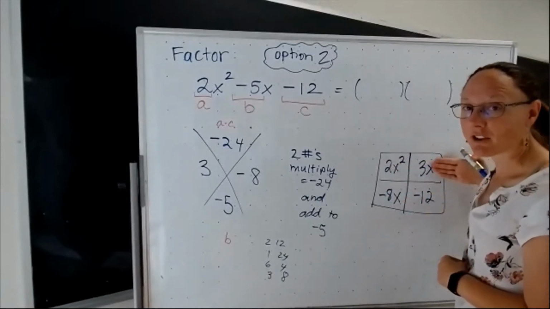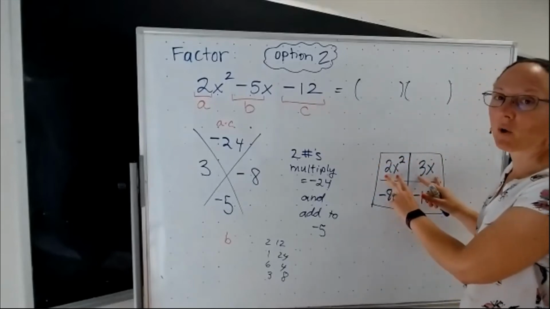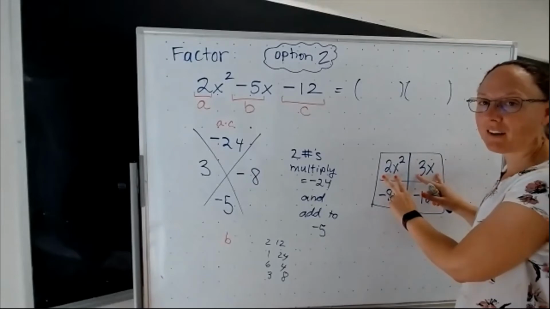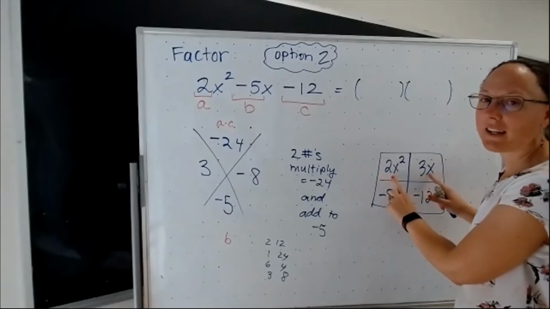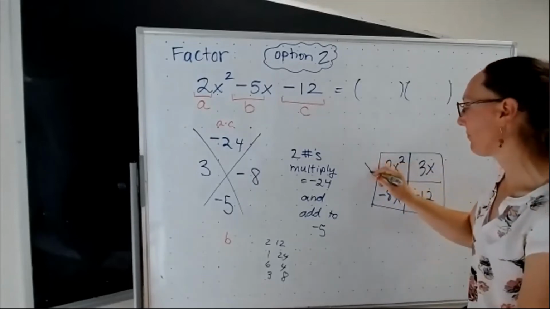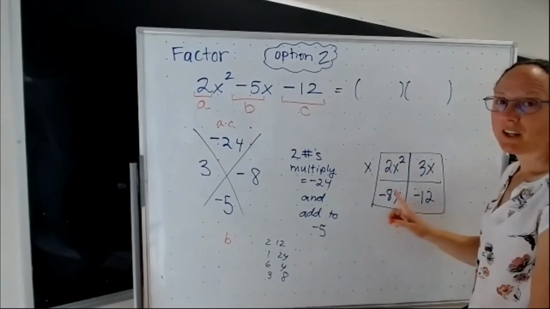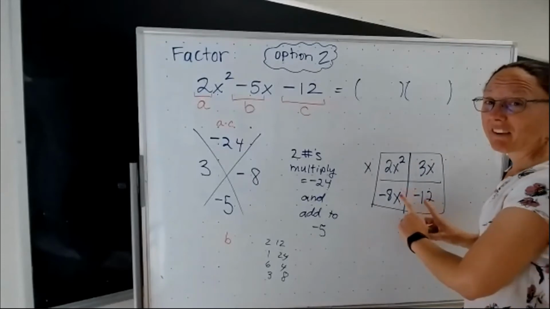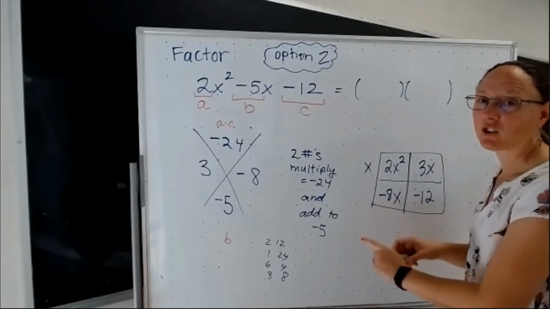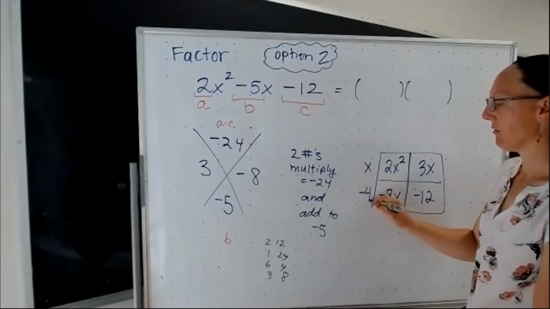So if I look at this first row and I'm looking at the 2x squared and the 3x, I'm thinking about what do they have in common that I could factor out of each of those. And the only thing they have in common is an x. If I look at this second row, negative 8x and negative 12, what do they have in common that I could factor out? And that's going to be negative 4.